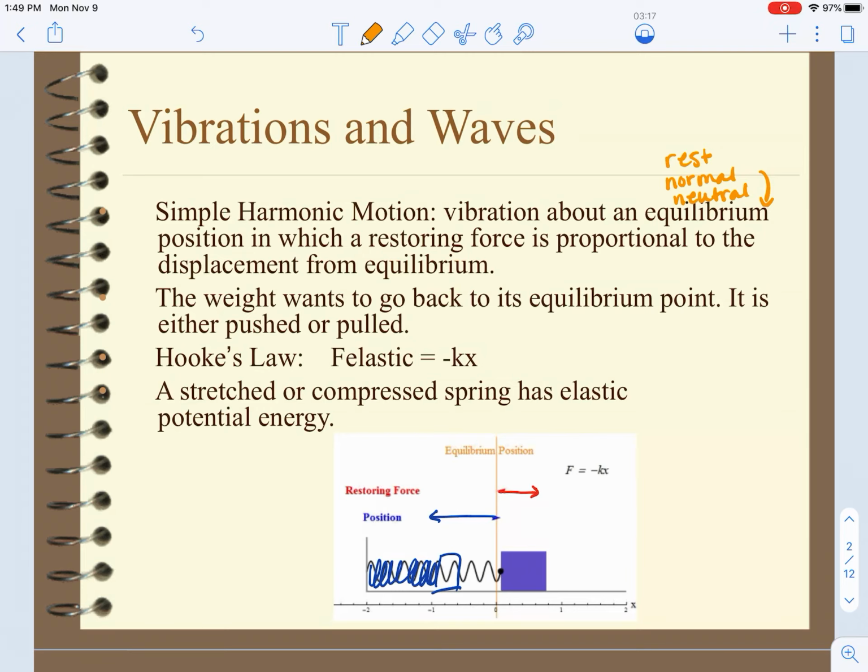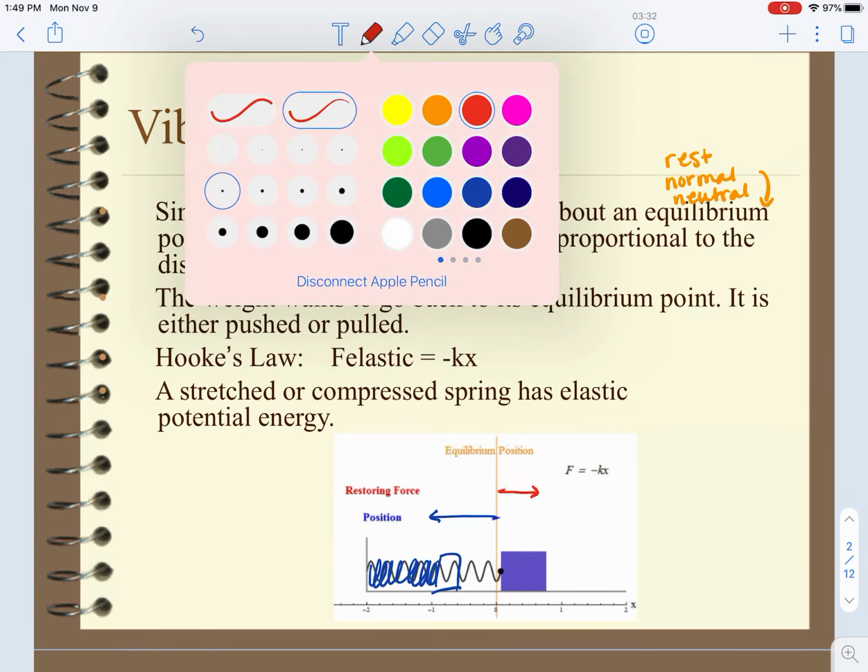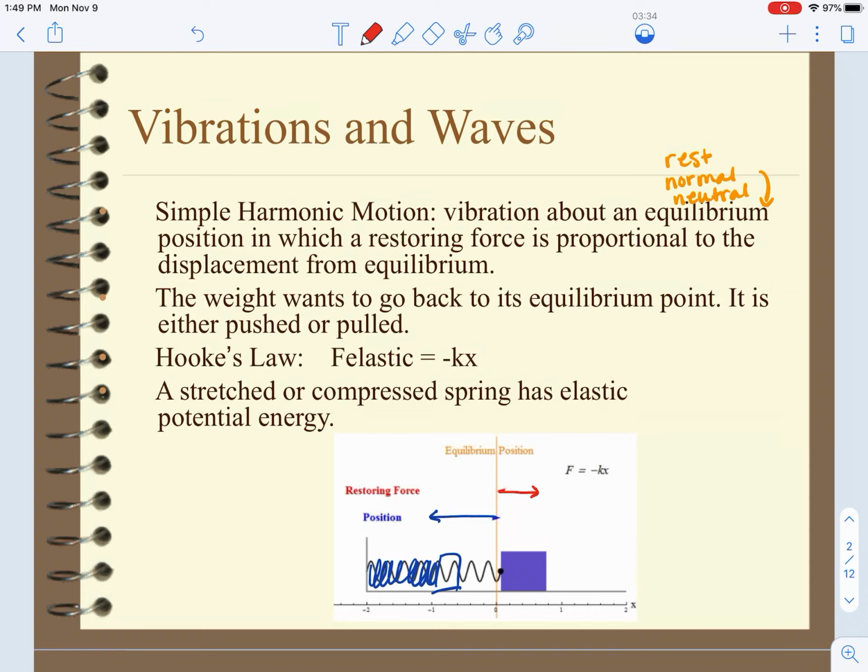So the same is true here for our spring. If we squish this spring, if we compress the spring, then we have moved it out of its equilibrium position. So this means that it wants to return to equilibrium. So the restoring force is the force that would be responsible for taking it from this position here and moving it back towards equilibrium.